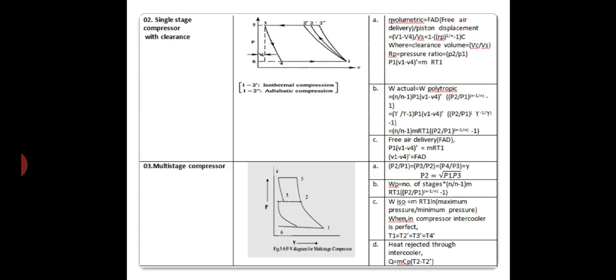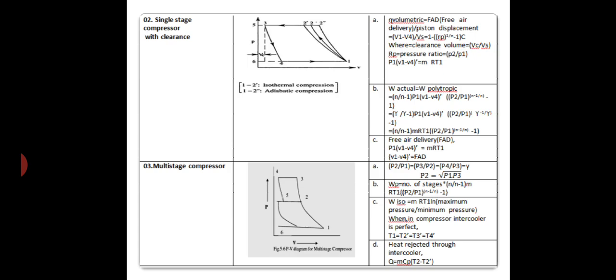So this is the volumetric efficiency and these formulas work when a polytropic process is there: n upon n minus 1 P1 into bracket V1 minus V4, as we have calculated previously, (P2 upon P1) raised to (n minus 1) upon n, minus 1. When we are considering the adiabatic process, it is gamma upon gamma minus 1 P1 (V1 minus V4) [(P2 upon P1) raised to (gamma minus 1) upon gamma, minus 1].